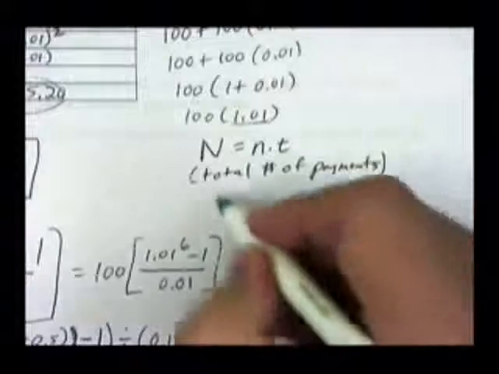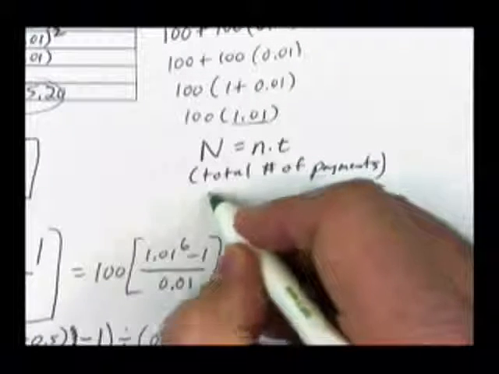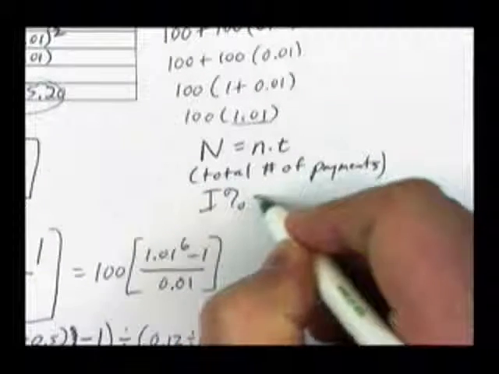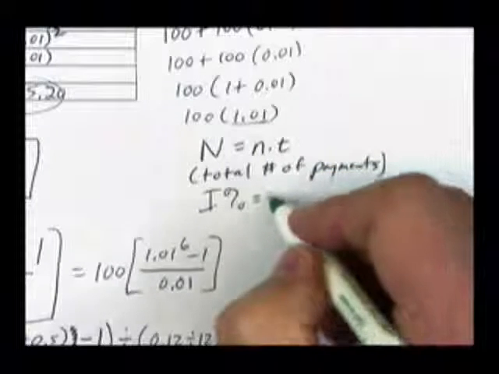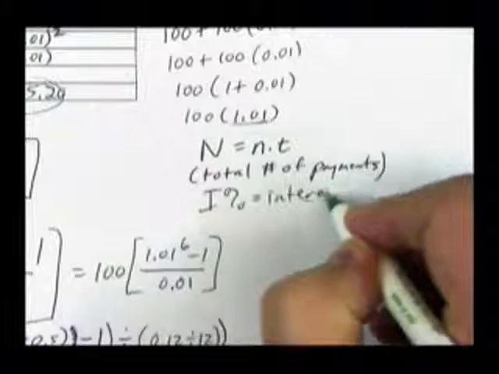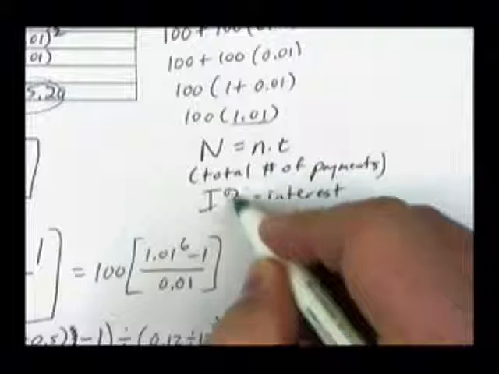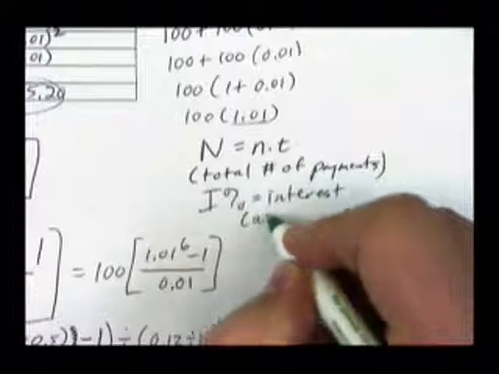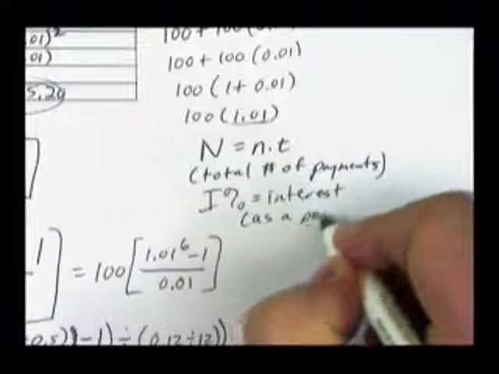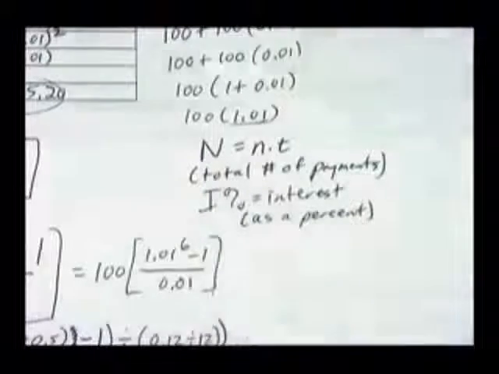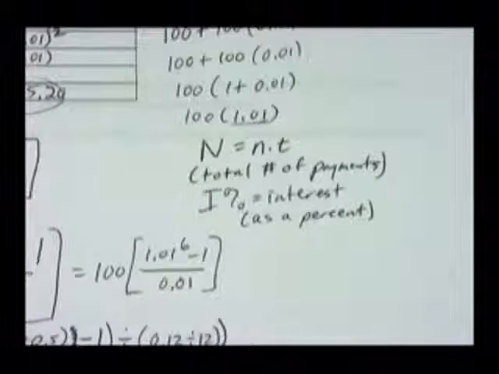Total number of payments. Our I% is our interest, and notice it wants it as a percent, so you don't have to change it into a decimal.